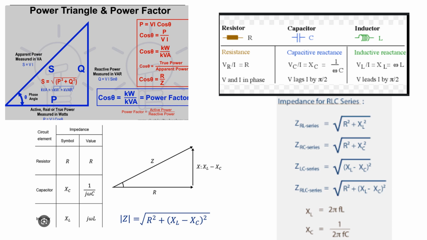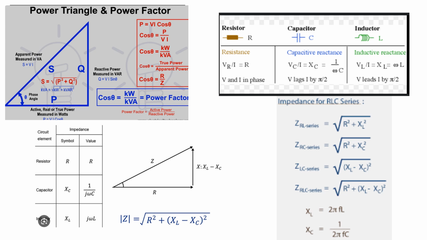Now cos θ can be represented as the ratio of true power or real power or active power divided by apparent power. So cos θ means base by hypotenuse, so it is true power by apparent power. Or we can represent this simply as R, Z and reactance.